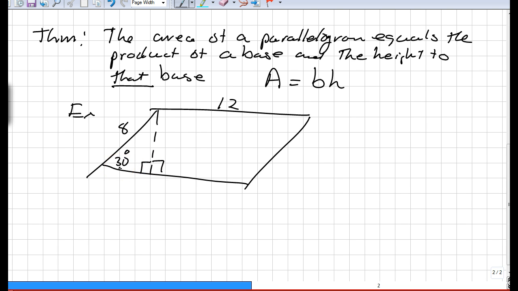So if this is 30, then I know that the hypotenuse is twice the short leg. So if I divide 8 by 2, that's going to give me 4. So the height is 4, because that's opposite the right angle. And that's all I need to find the area.